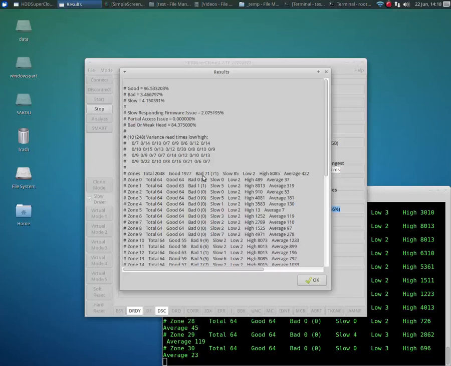We can also see that all our bads were timeouts because I'm using direct AHCI, which means they timed out at 8 seconds because that's the settings I'm currently using. So this would be an indication of a drive that definitely has a bad or weak head. I can say that this drive does definitely have a weak head. So those results are accurate.